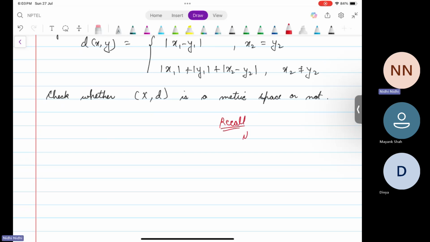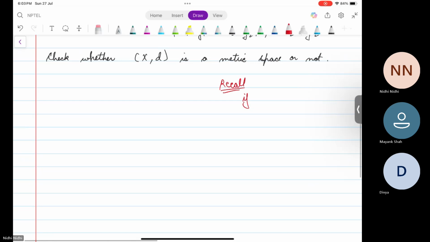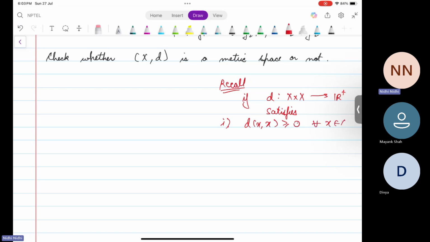So if d, which is defined from X cross X to R plus, satisfies the following. Number one, d(x, x) is positive for every x in X. Number two, d(x, y) is 0 if and only if x is equal to y.